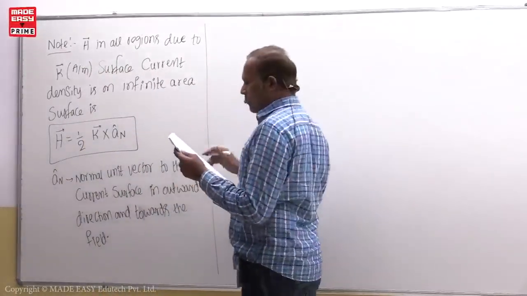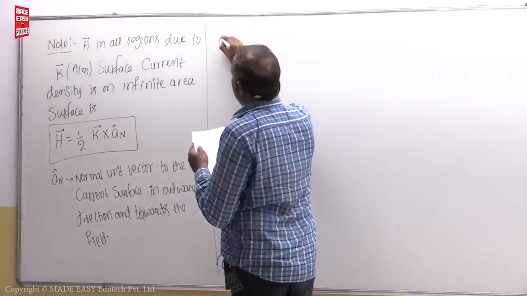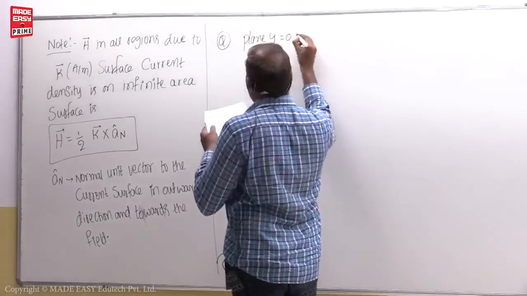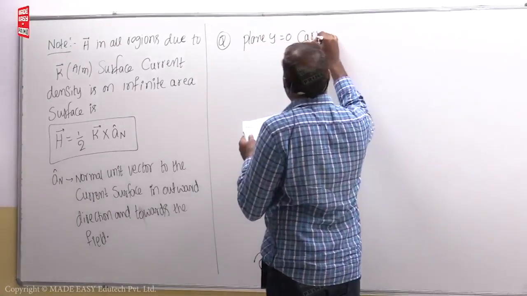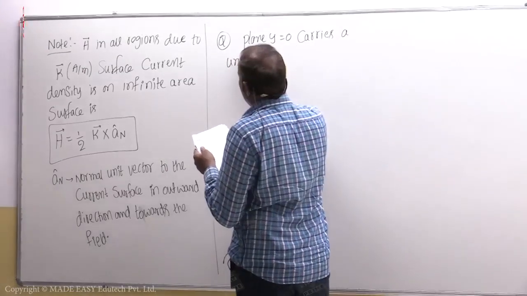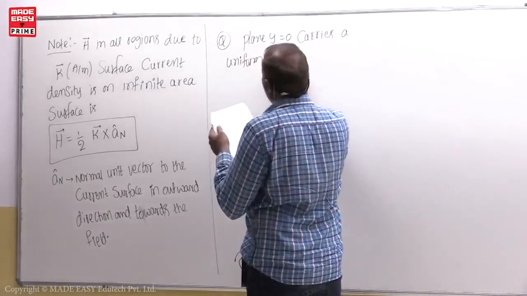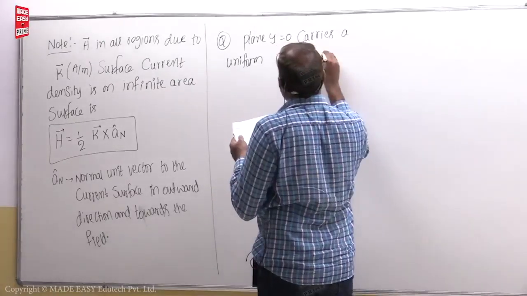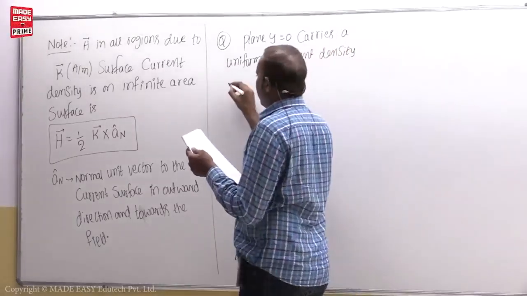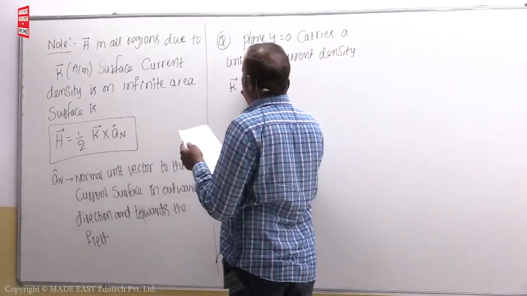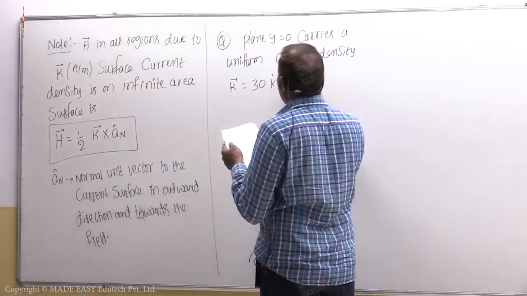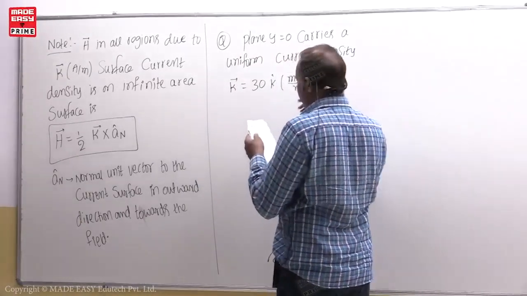I am writing one question, a workbook question. The plane y is equal to 0 carries a uniform current density K bar is equal to 30 k cap milliampere per meter.